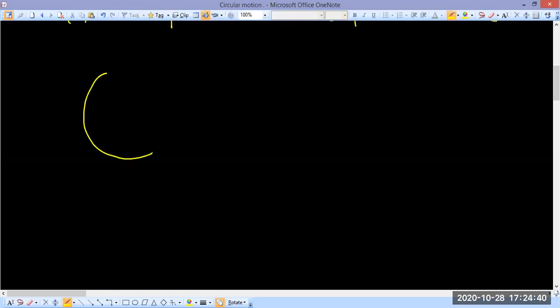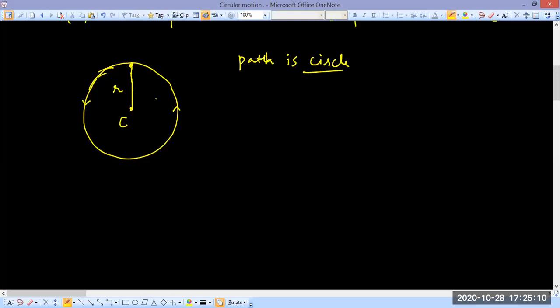so if you consider that there is something moving in a circle like this, let's say of radius r. Okay, this is the center C. Then this is its path. I repeat, the path is a circle. It's not a graph. The road on which you walk is called the path. So this path is a circle.